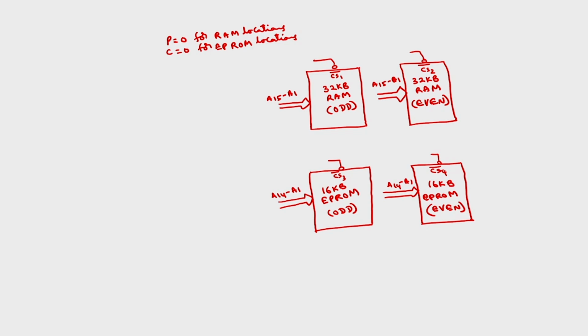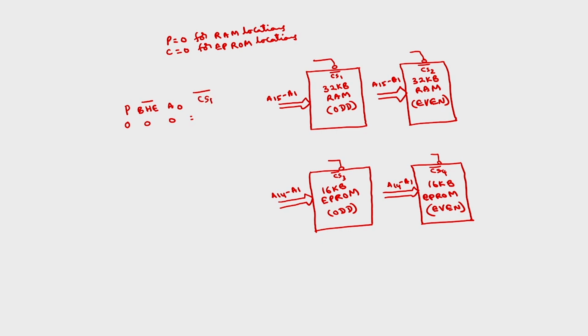So for chip select 1 bar, it should be the odd bank of RAM. So P and BHE bar and A0 will decide about this CS1. So if P is 0, and BHE bar and A0 are 0 0, what should be this CS1 bar?